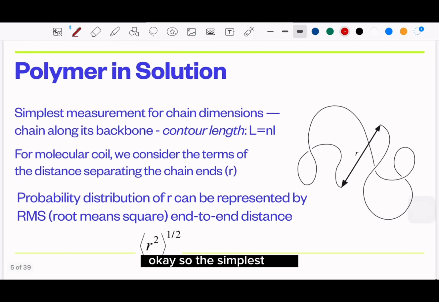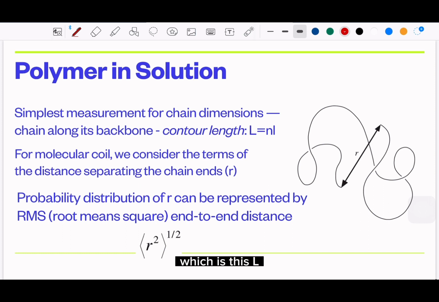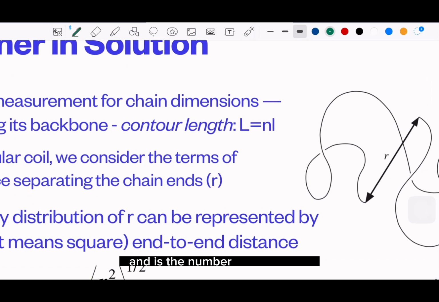Okay. So the simplest way to measure the dimensions is by taking what we call the contour length, which is this L. So the contour length is the multiplication by n, where n is the number of monomers.